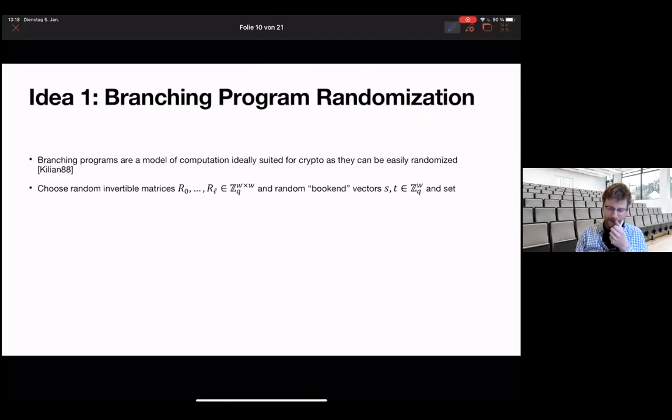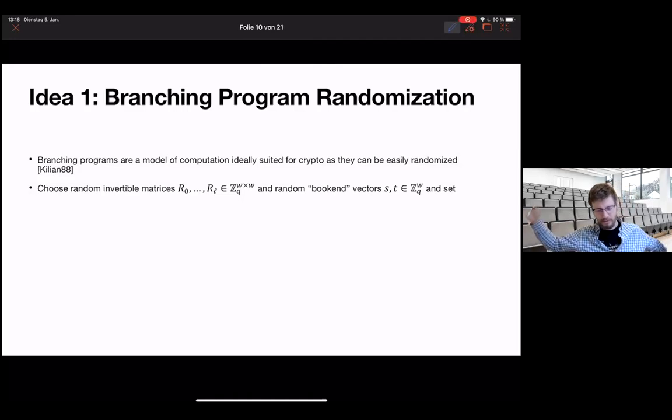So the idea is now roughly as follows. Given a branching program, we choose random invertible matrices R0 until RL.